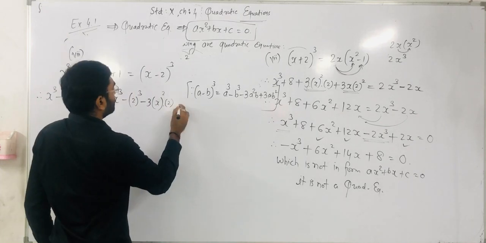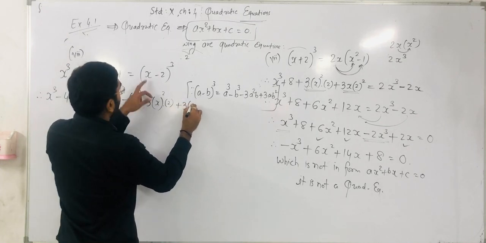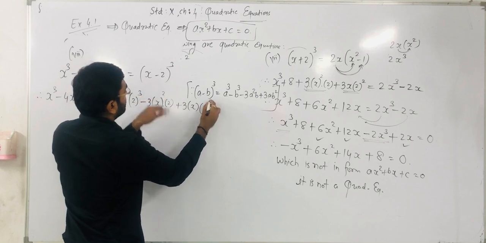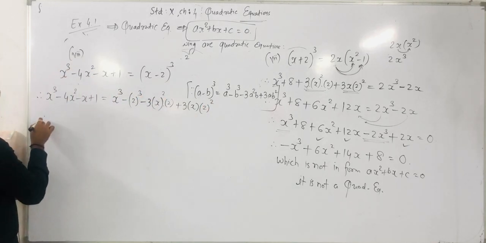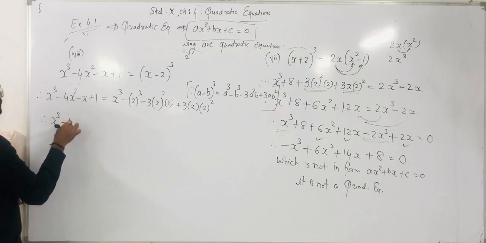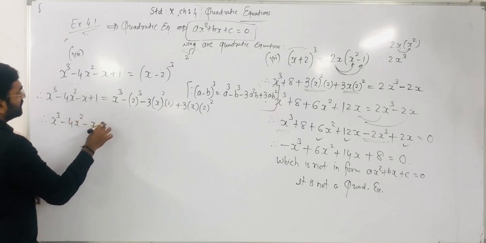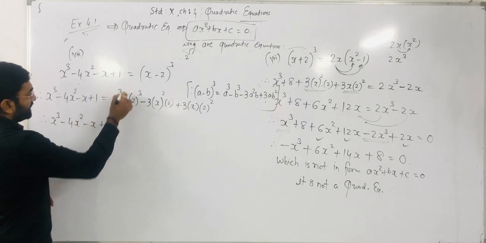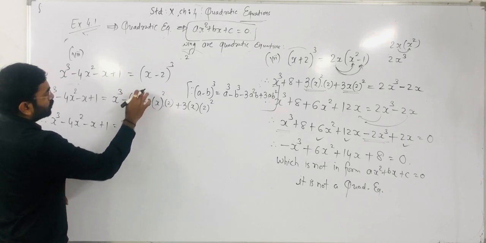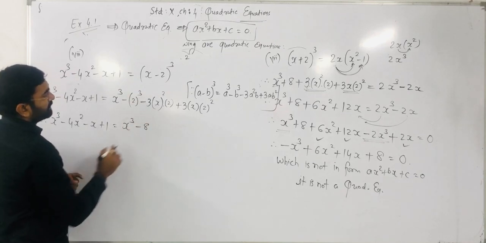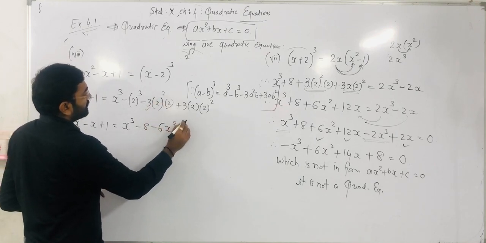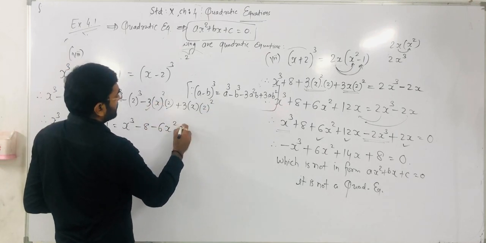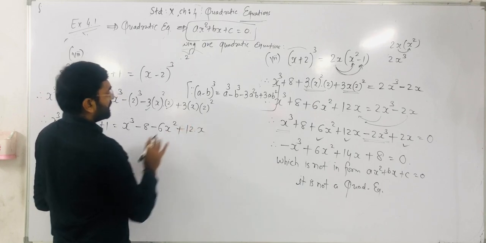Plus 3 times a into b square, so x into 2 square. Okay. So now we simplify. x cube minus 4x square minus x plus 1 is equal to x cube minus 2 cube is 8, 3 times 2 is 6 into x square, so minus 6x square. Here 2 square is 4, 4 times 3 is 12 into x.